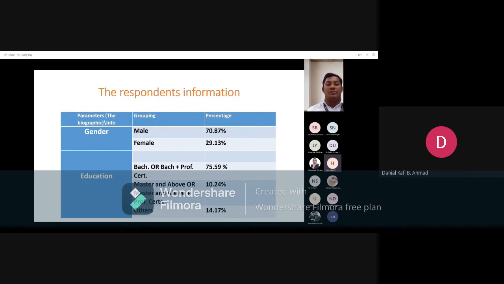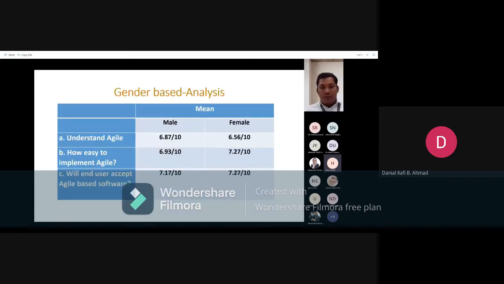As I mentioned, the main point of sharing this is to tell you how their perceptions are towards agile methodologies. First, this is the analysis based on gender. Of course, it is run by statistical methods, which is not our focus, but we need that method to analyze the information.